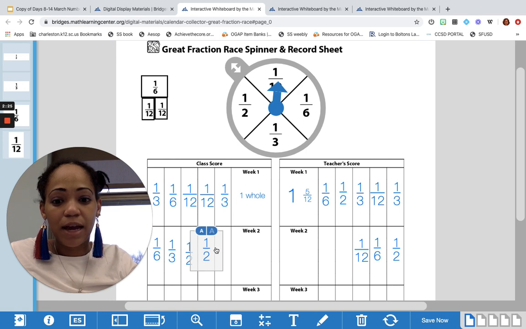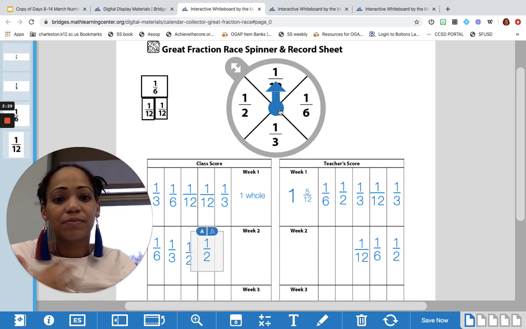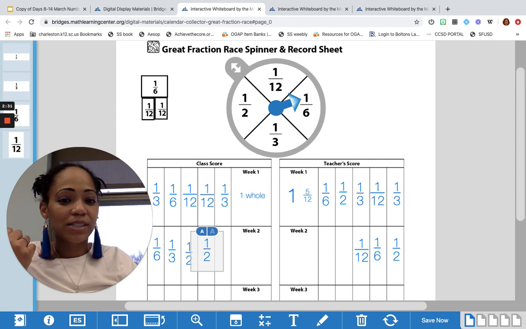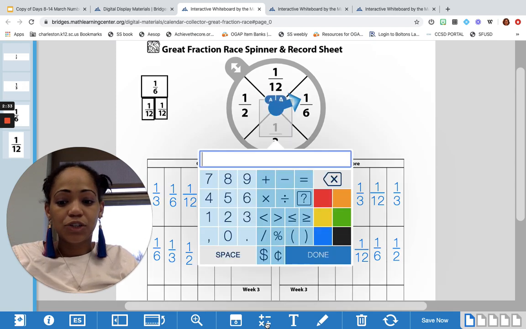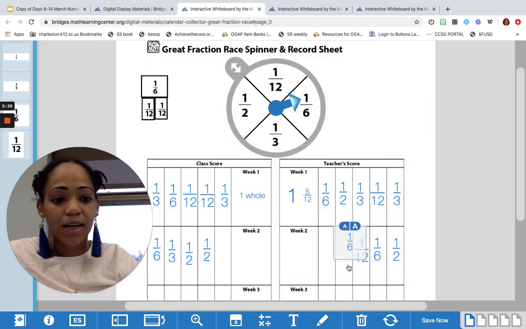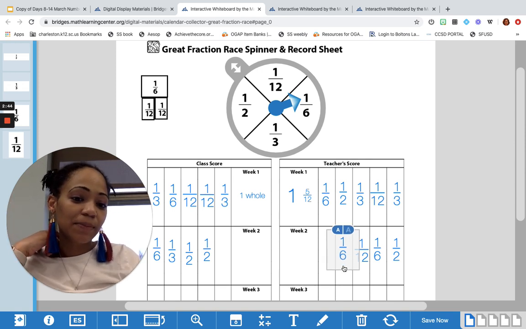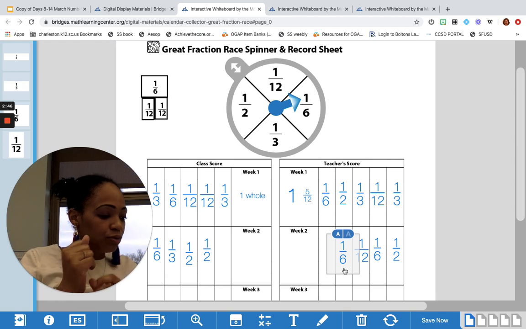I was trying to drag this fraction. So now I'm going to spin for me. And I got 1/6. Should have just gone with what I accidentally spun, but that's okay. I want to make sure I am being fair, even though I like to win. You guys know I like to win.